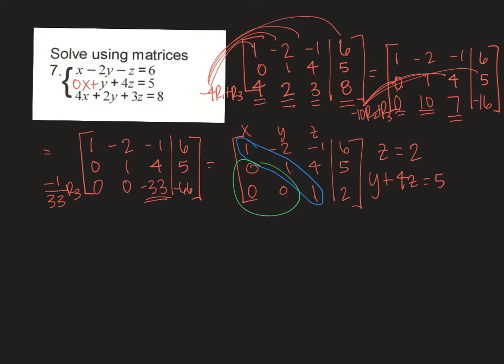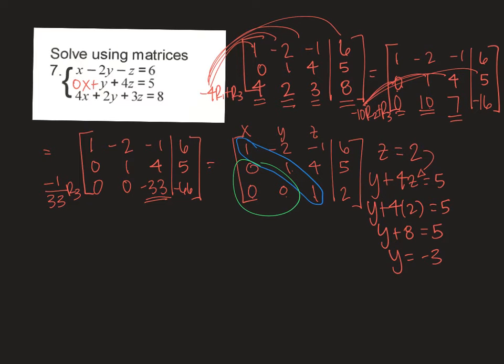Well, I know that z is 2, so if I plug that in for z, I can use that to solve for y. So y plus 4 times 2 equals 5. 4 times 2 is 8. I subtract my 8 to get negative 3 for y.